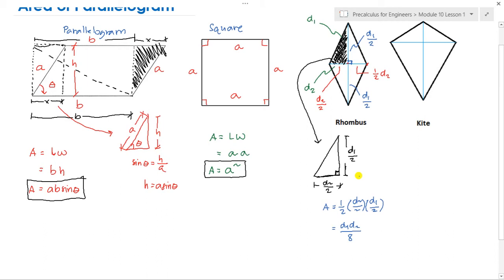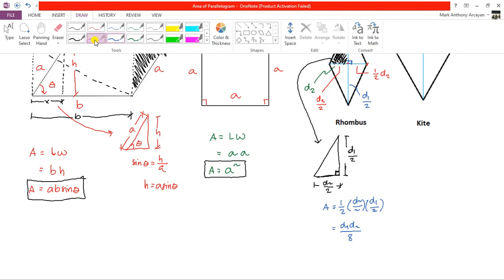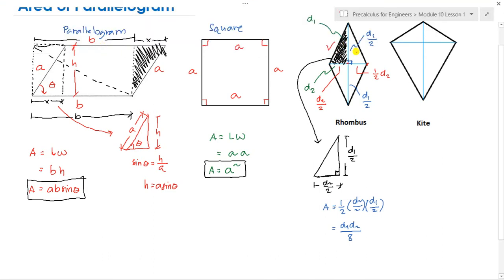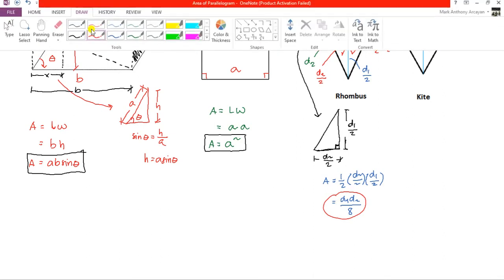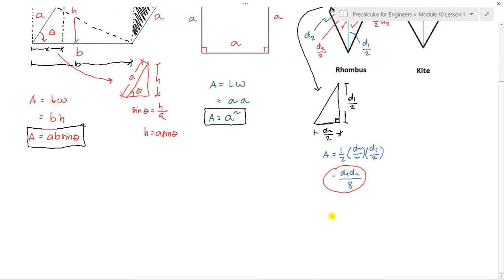But since we have 4 right triangles in our rhombus, there are four in all. This is one, two, then three, four. So therefore, we're going to multiply what we got by 4 in order to get the final area of the rhombus. So the area of the rhombus is equal to 4 multiplied by D1 times D2 divided by 8.